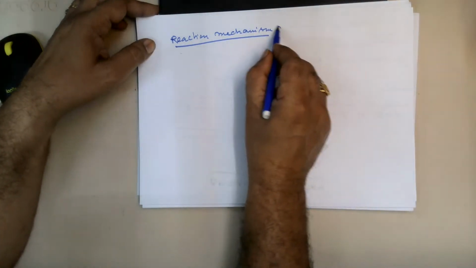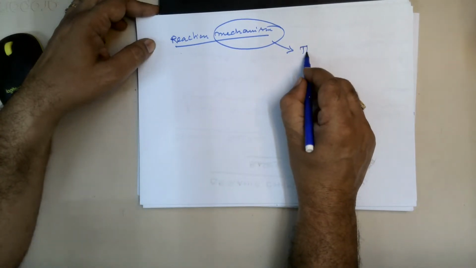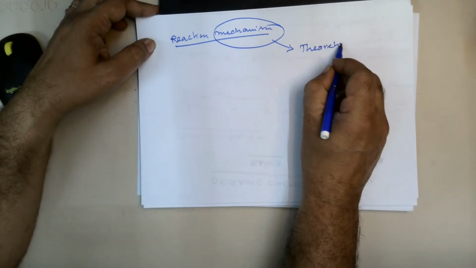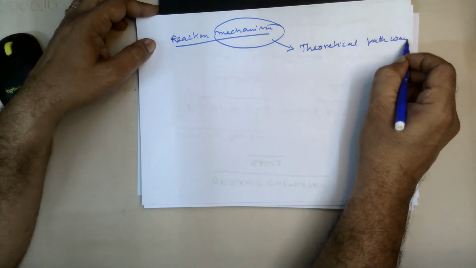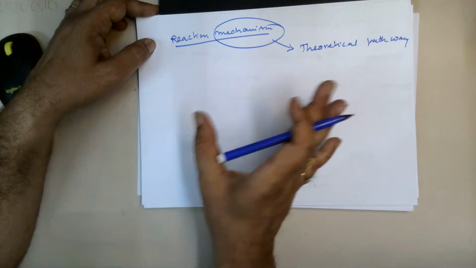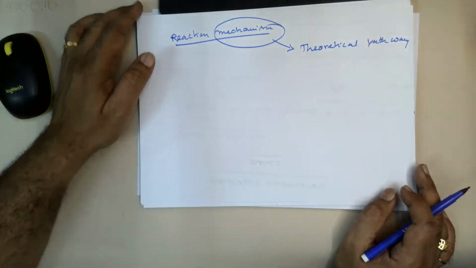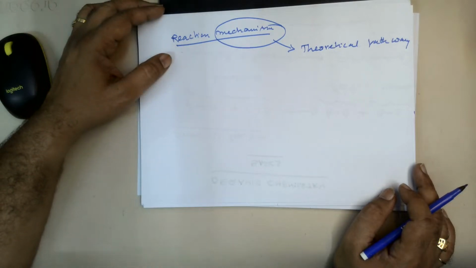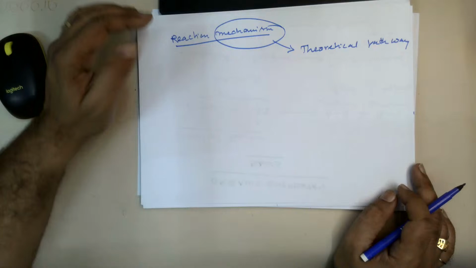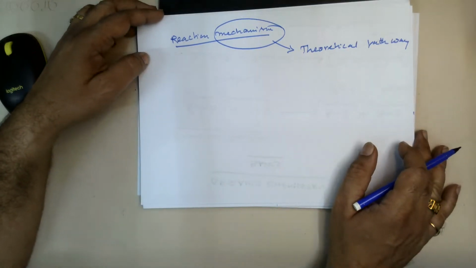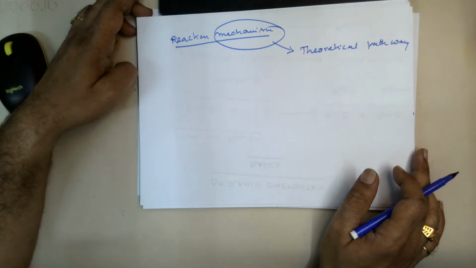Mechanism is a theoretical pathway that describes the changes occurring in each step during the course of the chemical reaction or chemical change. So we can understand the reaction by following the direction of flow of electrons and the type of intermediate formed during the course of the reaction.